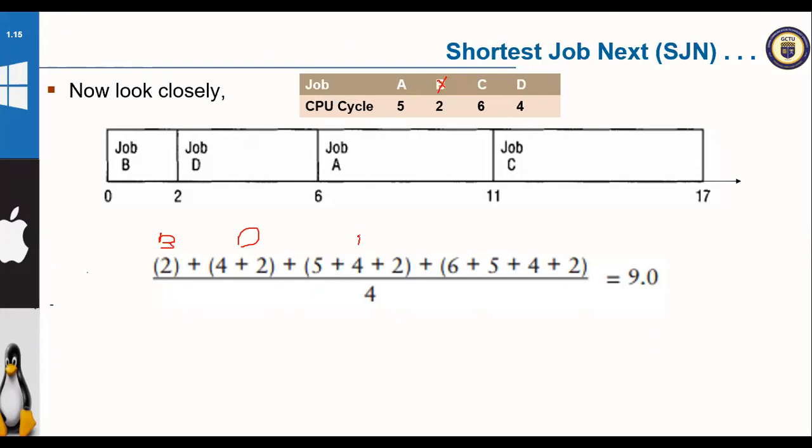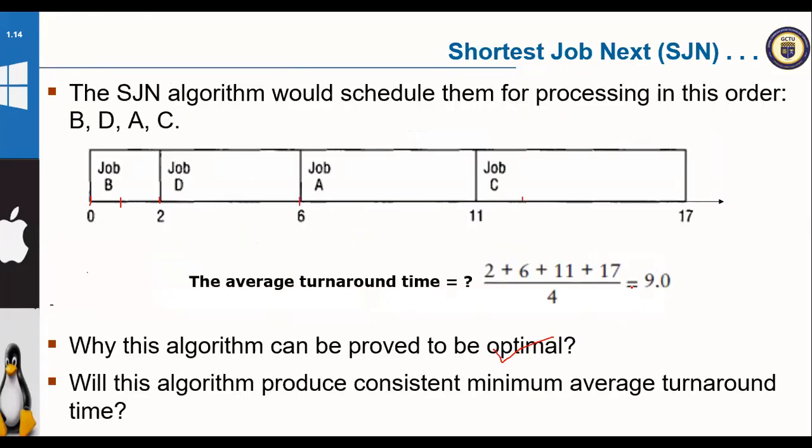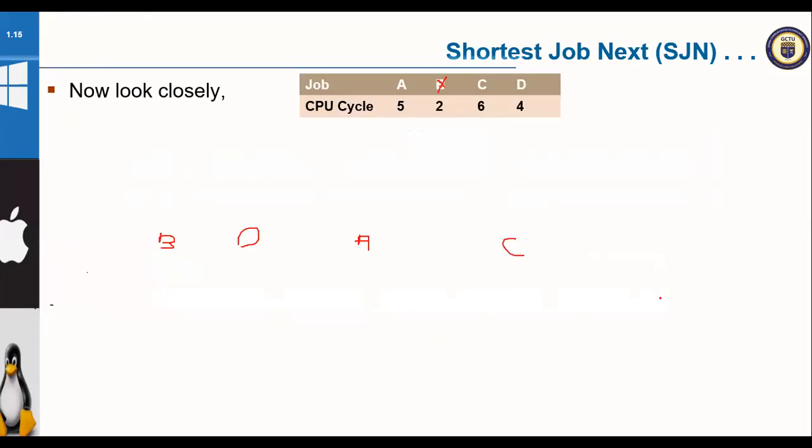This is for A. Then the next job was job C, which has 6 CPU cycles and was executed after A, D and B. So this is our C. If we put all together, divided by the number of jobs, 4, you still get the 9.0 that was gotten here.